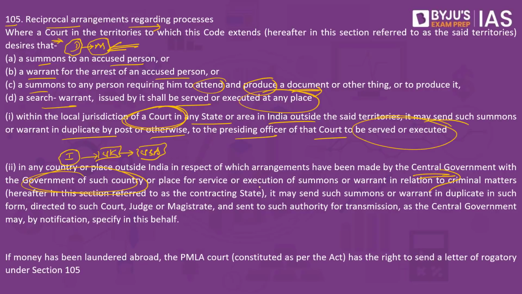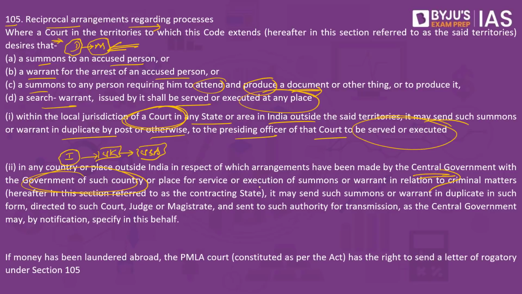So in case a person has done money laundering in India and has moved out of India, this section of the CRPC will be used, as this person has committed an illegal act under the PMLA.